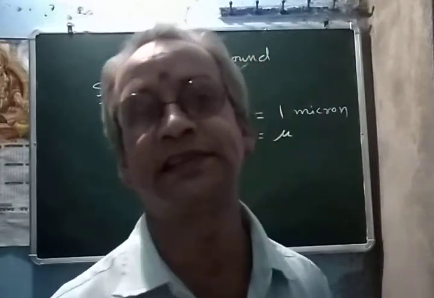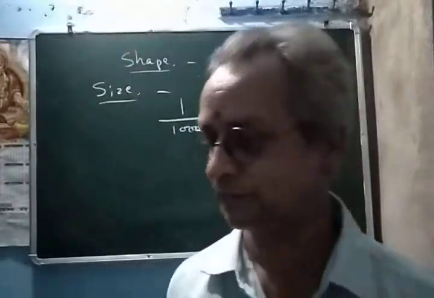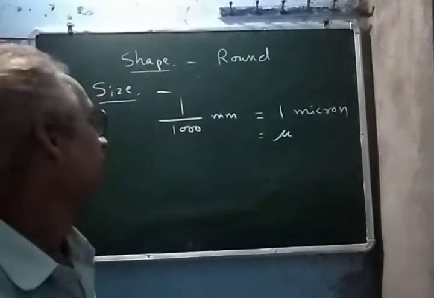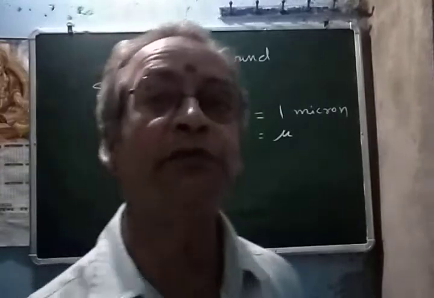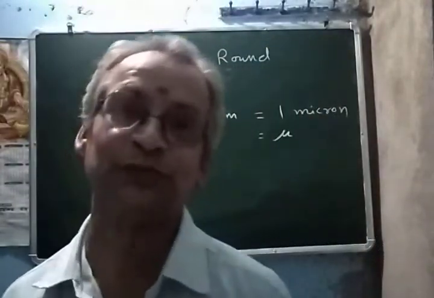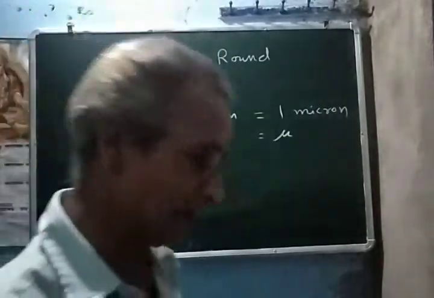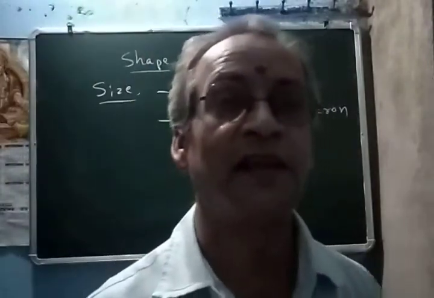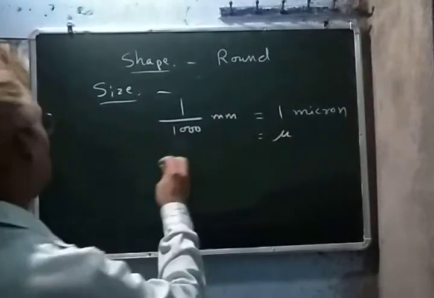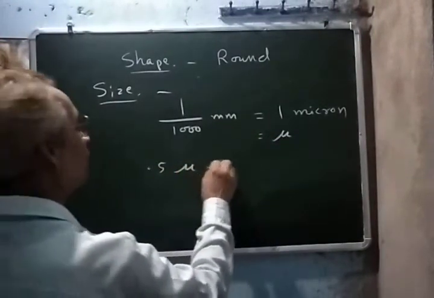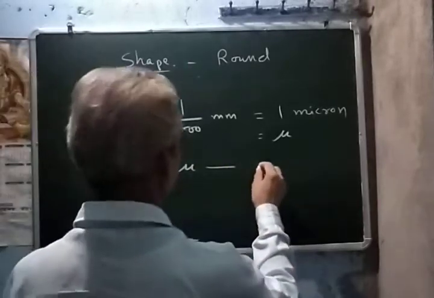Some bacterial cells are of 0.5 micron to some microns, or a cell may be of 0.5 micron to several centimeters.